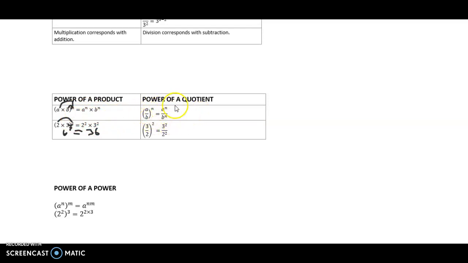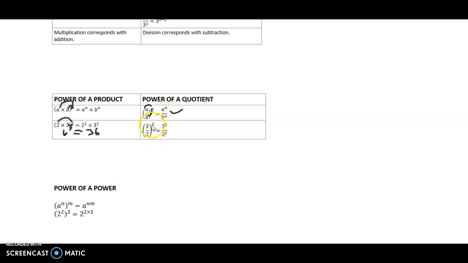Okay, unlike the product rule, the quotient rule is the opposite. The power of a quotient also distributes your numbers: a to the power of n, then the denominator becomes b to the power of n, and you end up with your answer a to the power of n over b to the power of n.